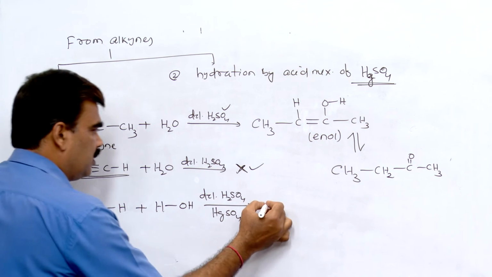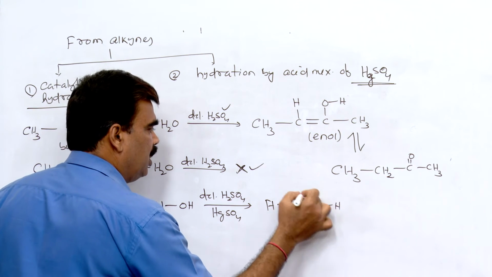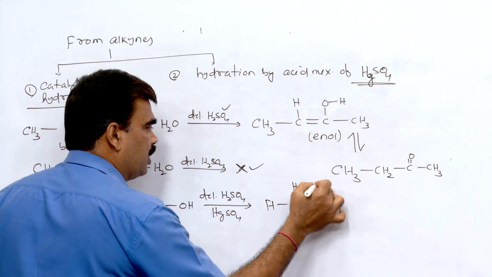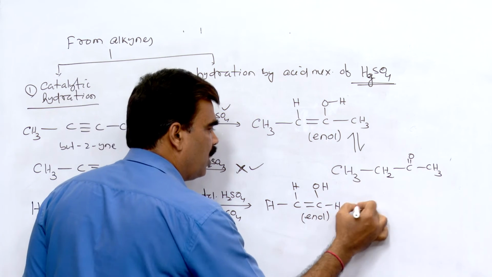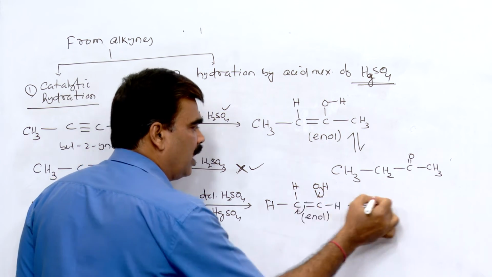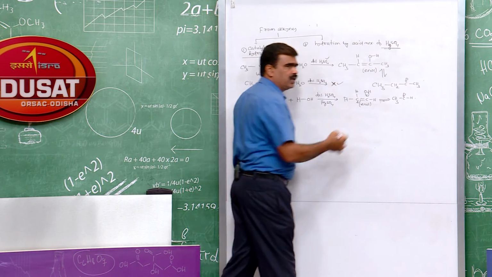So you get HC double bond CH, here you have H and OH. So this is called enol, and enol is tautomerized to give you a carbonyl compound, and you will get acetaldehyde. So from acetylene you will get acetaldehyde.